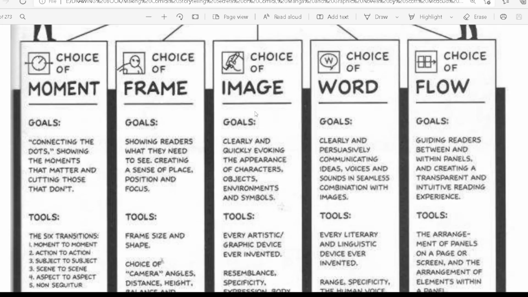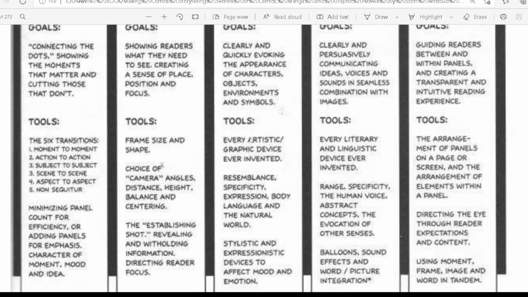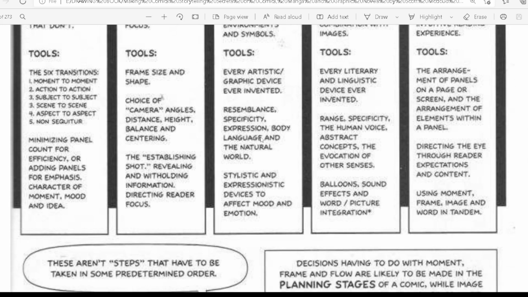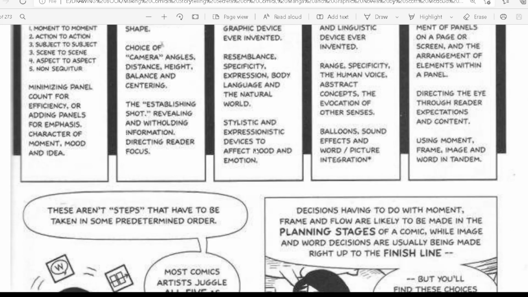Tools that we're going to use for choice of image: every artistic graphic device ever invented, resemblance, specificity, expressions, body language, and the natural world.